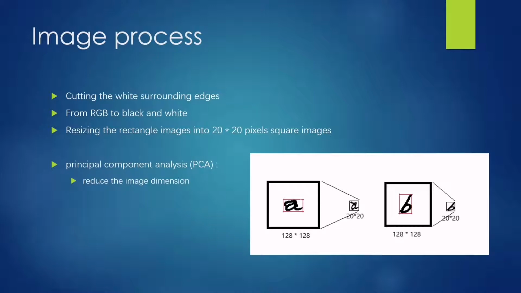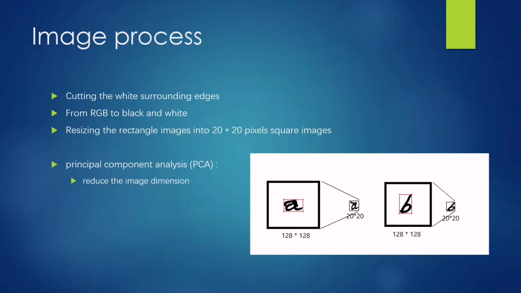The first thing I do is to process this image. I need to decrease the dimension to train my model. So the first thing I do is cut the white surrounding edge of the picture, because the character is just a little portion of the image.